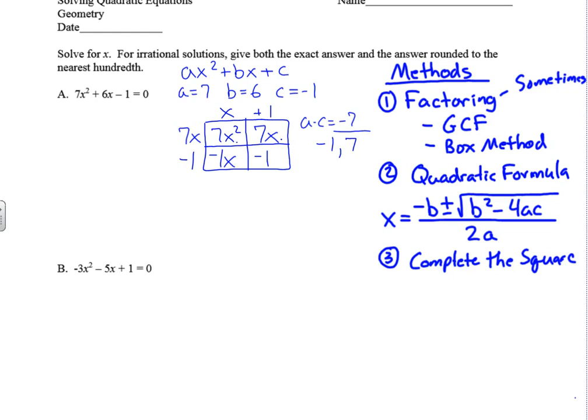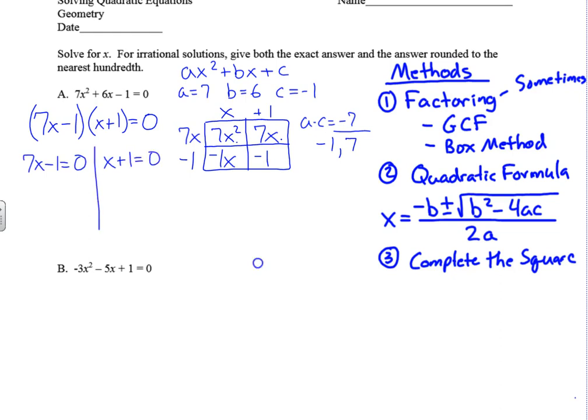Okay, now what that's done is I've created my binomial factors. So 7x minus 1 is one binomial factor, and x plus 1 is the other binomial factor. Okay, so I set these two equal to 0. I use something called the zero product property. And then we solve those two.